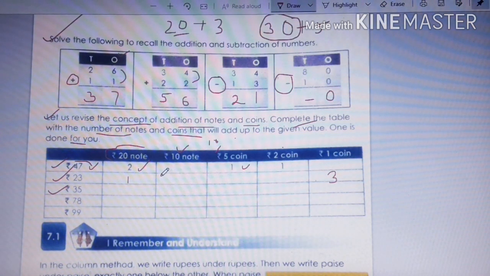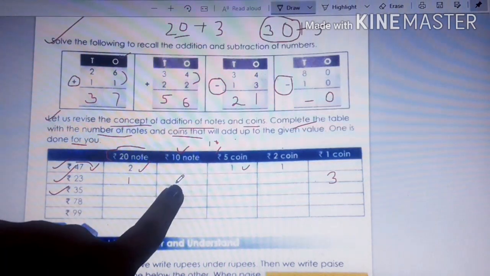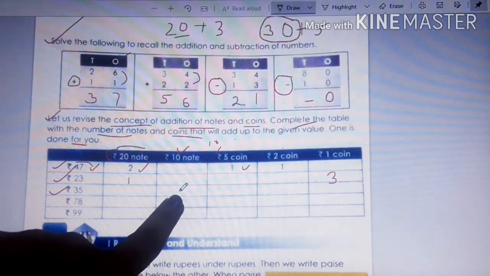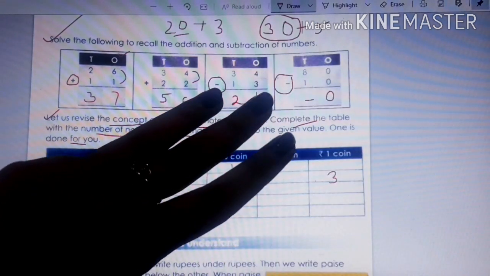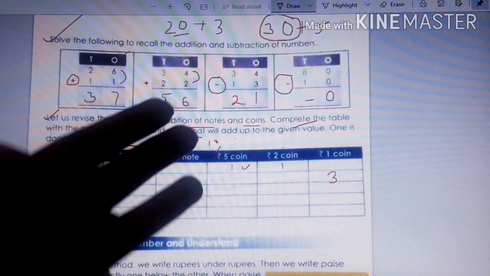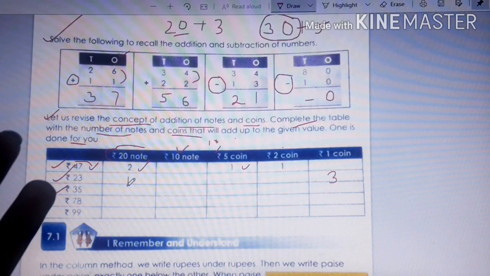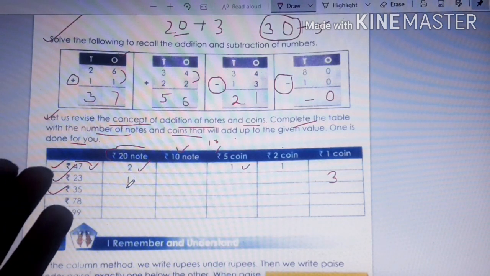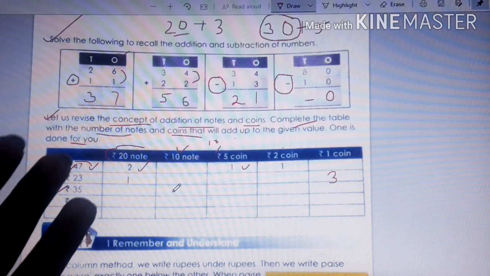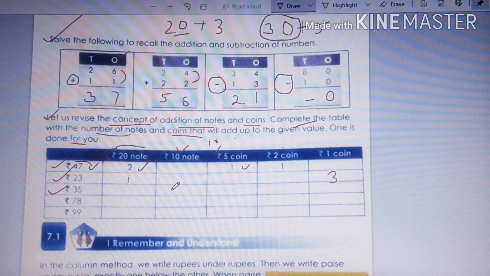Either you can take 3 notes of 10 rupees, 10, 10, 10, which becomes 30 rupees. Or you can take one note of 20 rupees plus one note of 10 rupees. So 20 plus 10 will become 30. It is up to you, children. As I am taking here, it is 30 rupees, so I am taking 3 notes of 10 rupees, and for 5 rupees I can take one coin of rupees 5. So this is how it becomes 35.